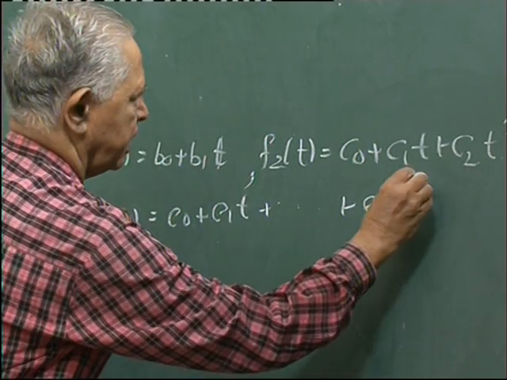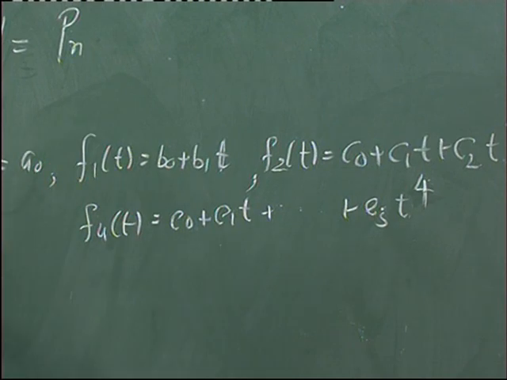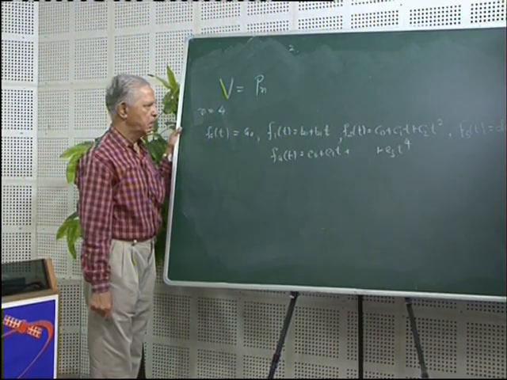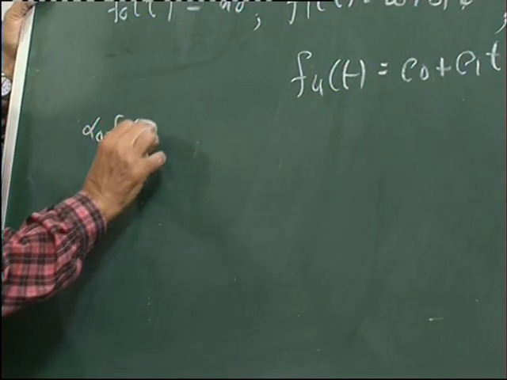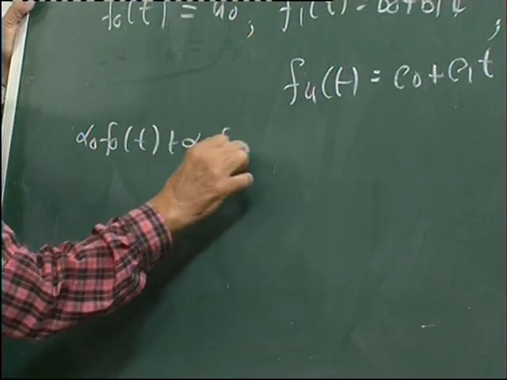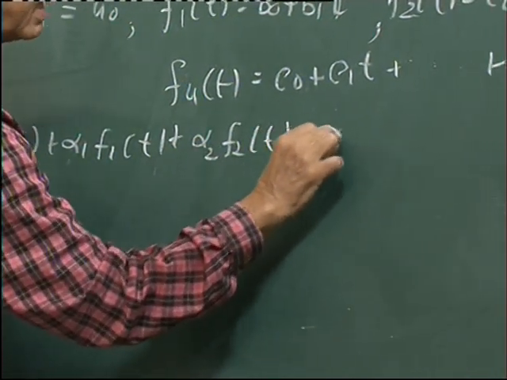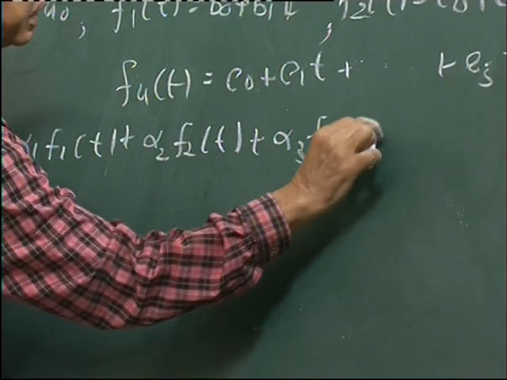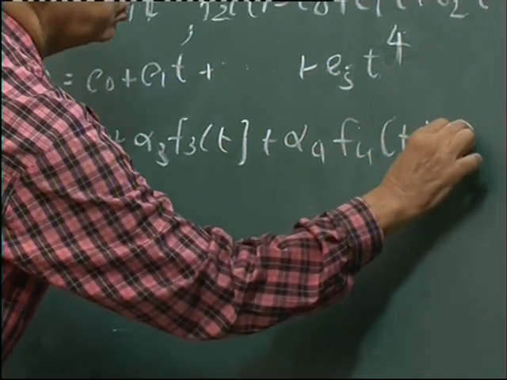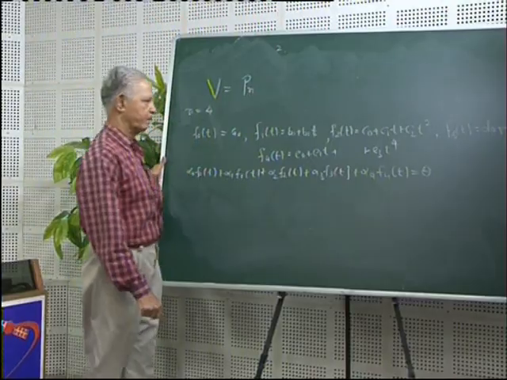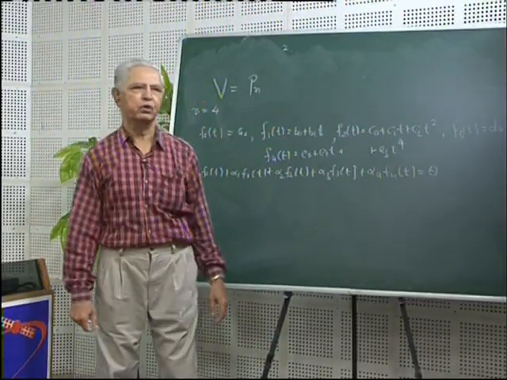For this we have to show that these vectors are linearly independent, and for that let us suppose that alpha 0 f0(t) plus alpha 1 f1(t) plus alpha 2 f2(t) plus alpha 3 f3(t) plus alpha 4 f4(t) is equal to the 0 polynomial. Now, the 0 polynomial means a polynomial with all the coefficients 0.